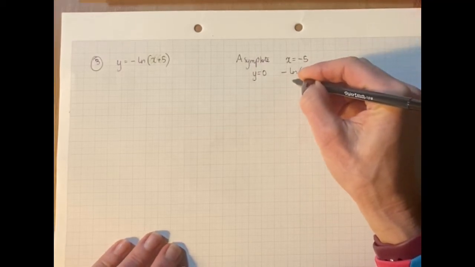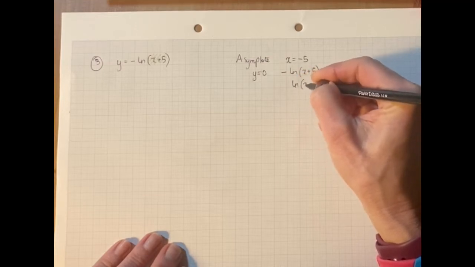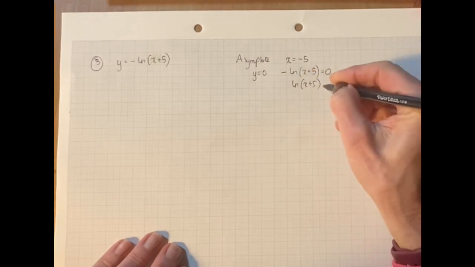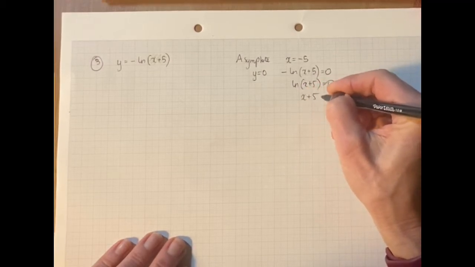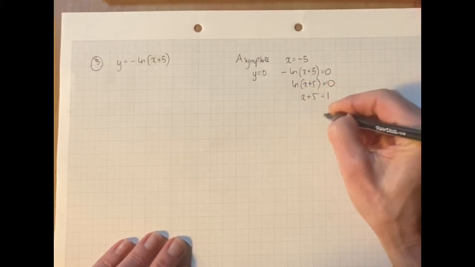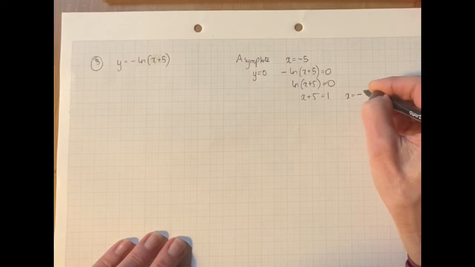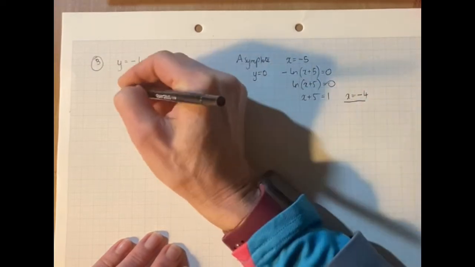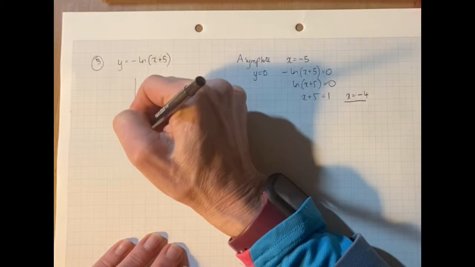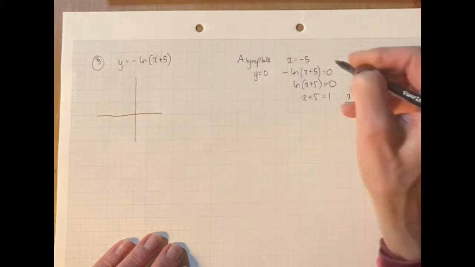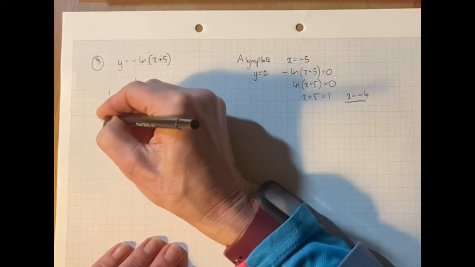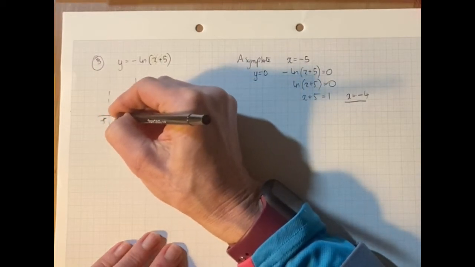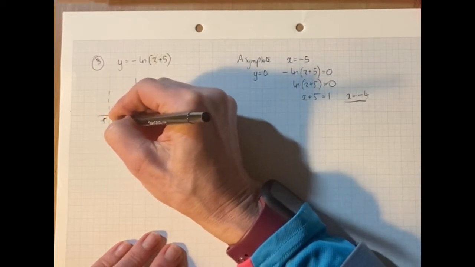So give it an e. So ln of x plus 5 is equal to 0. Give it an e there. x plus 5 is e to the power of 0, which is 1. So x is equal to minus 4. So you can start sketching it. The asymptote is at minus 5, and it crosses the x-axis at minus 4.